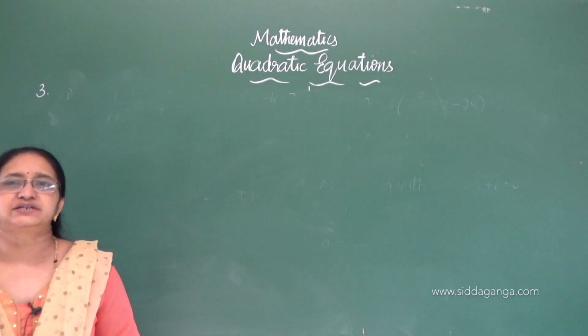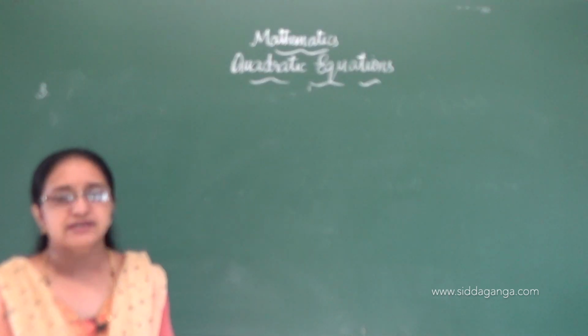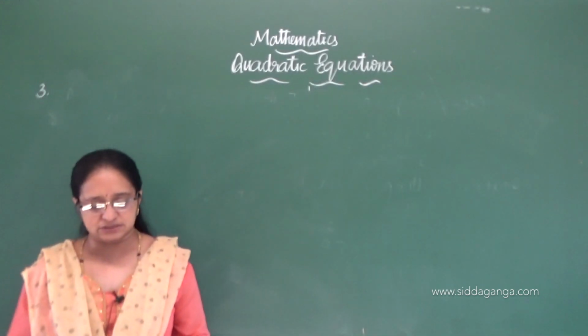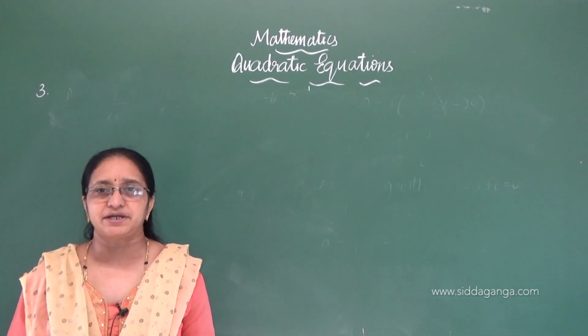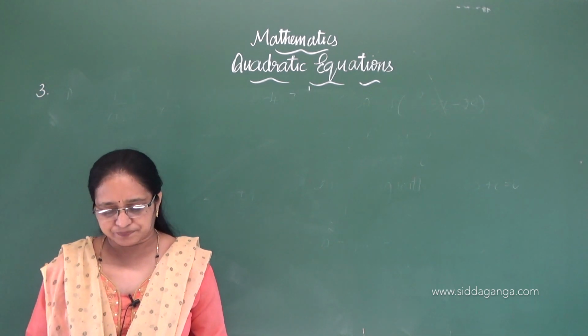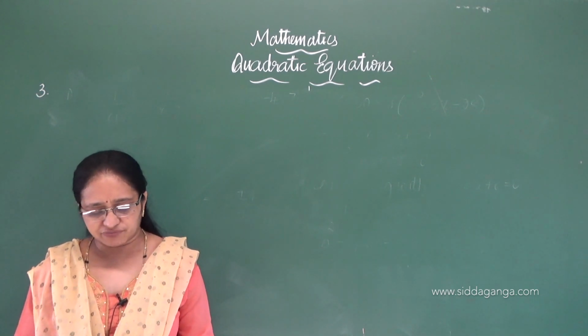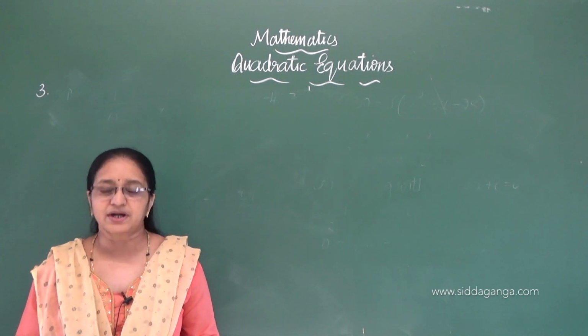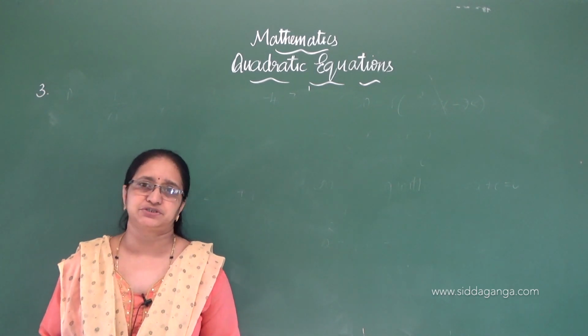The sum of the reciprocals, see, underline that word reciprocal. The sum of the reciprocals of Rahman's age, that is 3 years ago and 5 years from now, is 1/3. Find his present age.